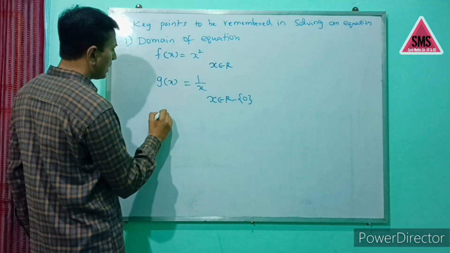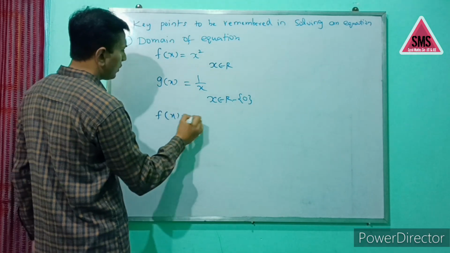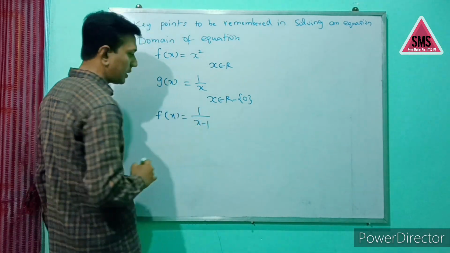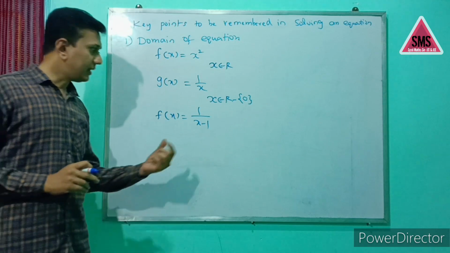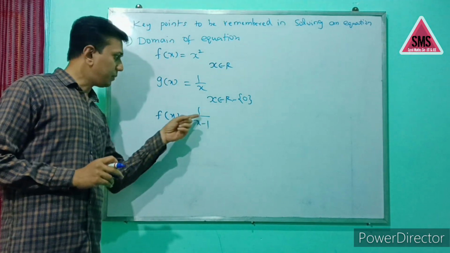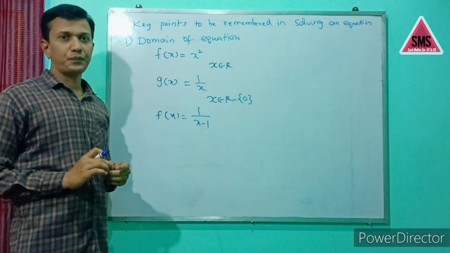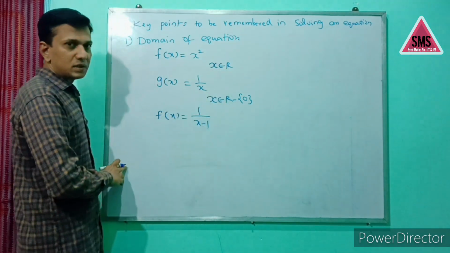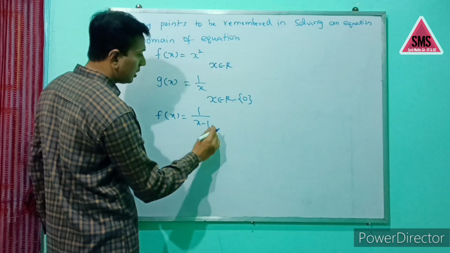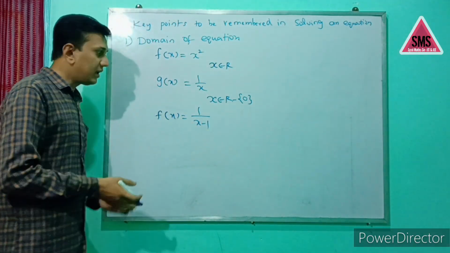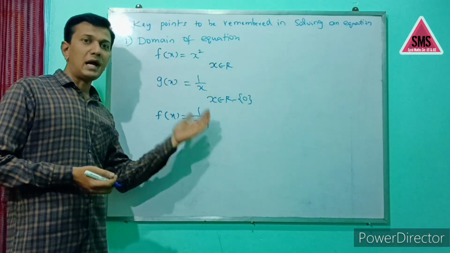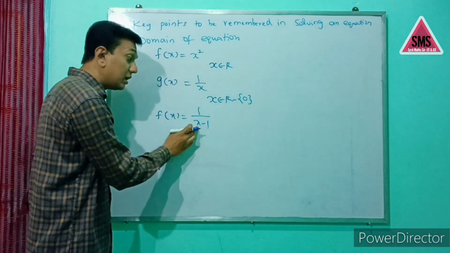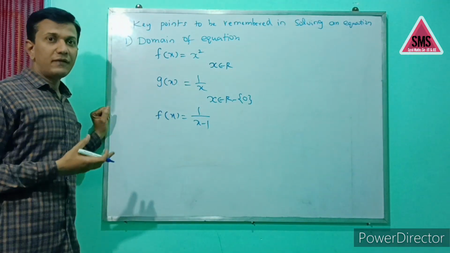Let us take one more example. f(x) equals 1 by x minus 1. Now can I define this function for this particular expression? No. I cannot take all the real numbers, but I can take numbers which are not making it undefined. I have to exclude that number. So which number is giving the undefined term here?